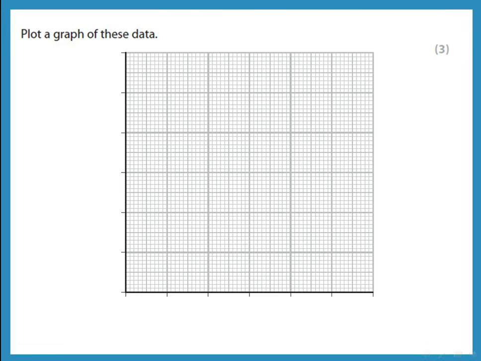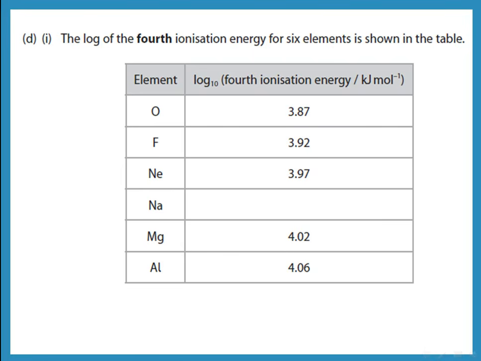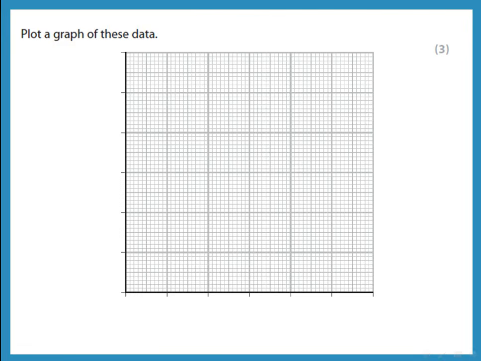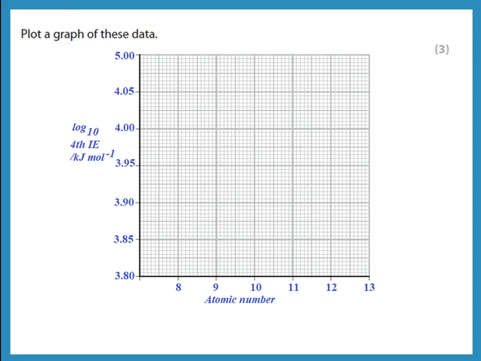So he's saying plot a graph of these data. Again, the first thing you do is label the axis. What are we looking at? We're looking at an element and its log. So we said what is on the left of the table goes down. So down you can say element, or you can say atomic number. So either we're going to write them as elements, or we're going to write them as atomic number.